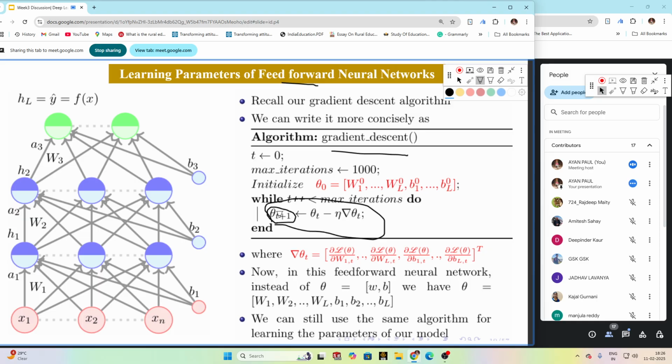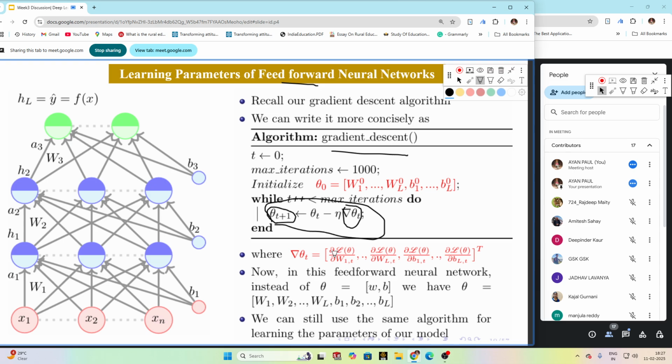So theta t+1 is the combination of weight and bias in the t+1 iteration. Theta t is the weight and bias in the previous iteration, the t-th iteration.